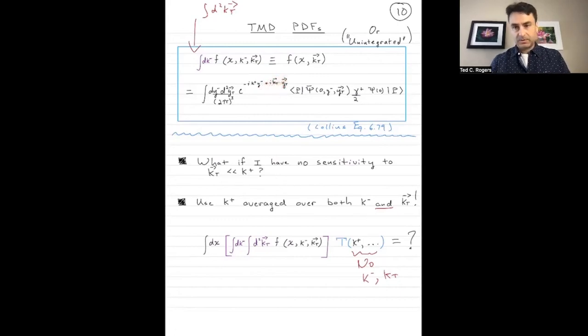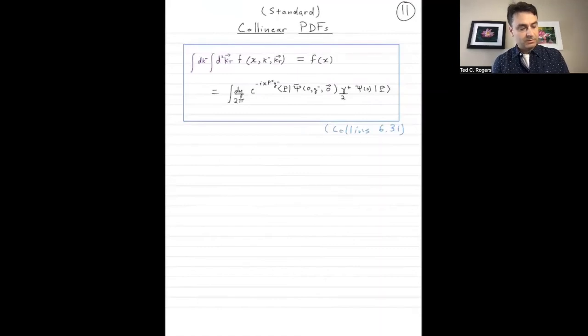That's going to give me a delta function that sets yt equal to 0, or yx and y both equal to 0, gives me another 2 powers of 2 pi. And so the end result is that I'm going to end up setting yt equal to 0, getting yt equal to 0 here, and getting different power of 2 pi. So just do that and you get this expression. Note that both the y plus and the yt components are now 0.